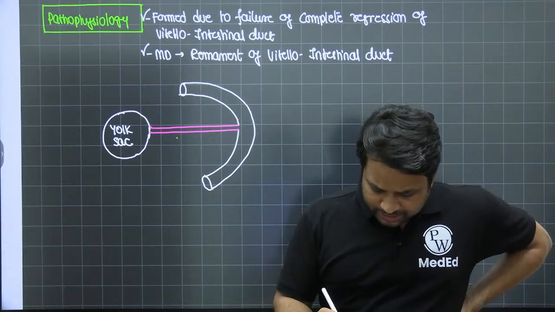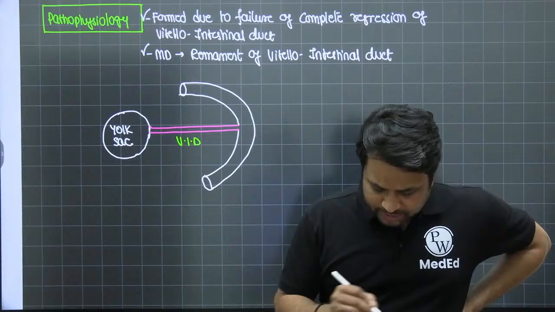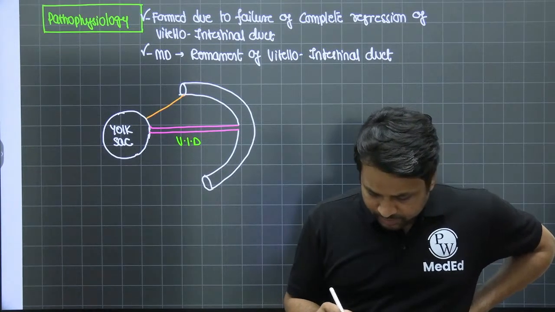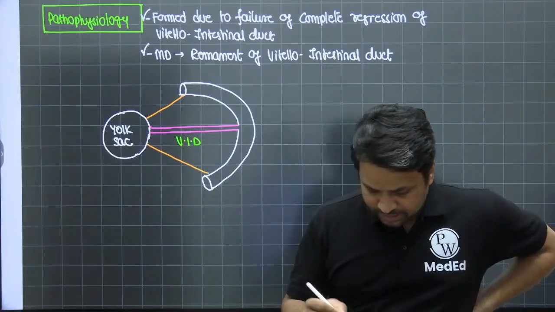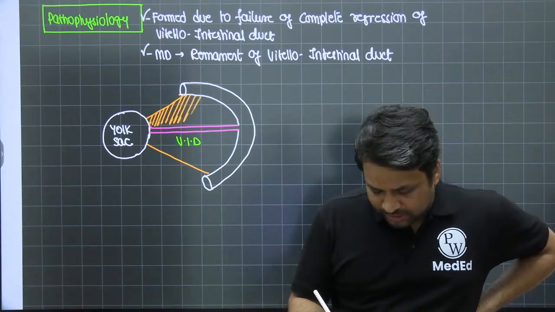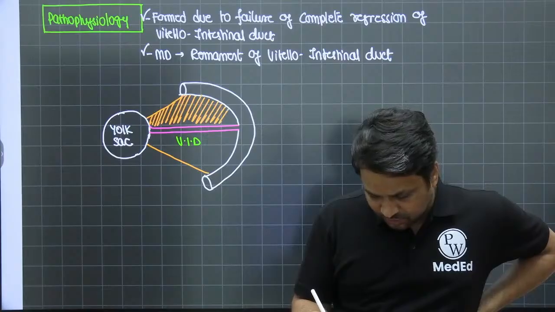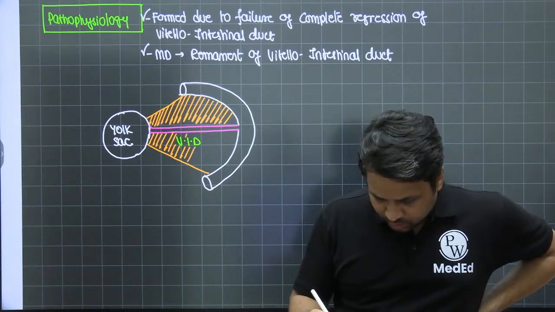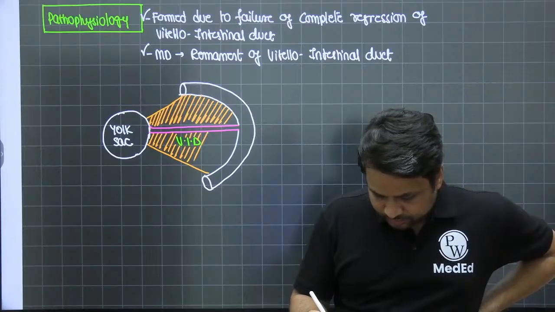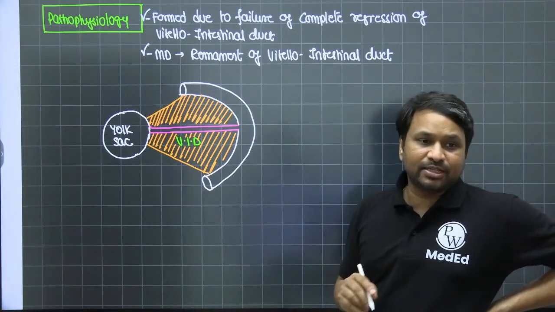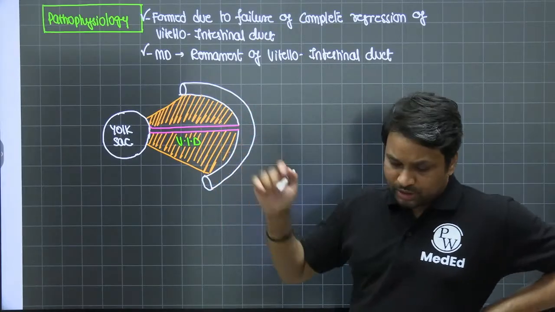So the vitelo-intestinal duct faces the mesenteric surface of the bowel and pulls it in.